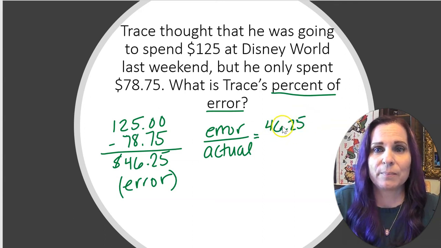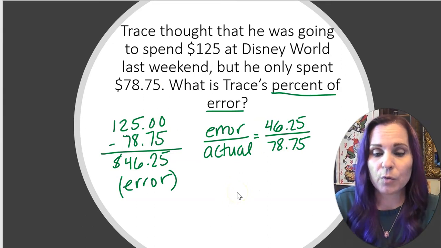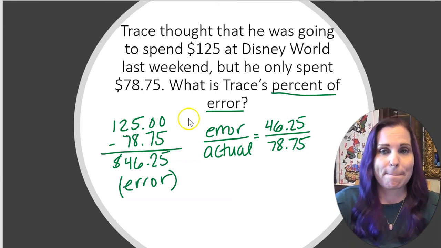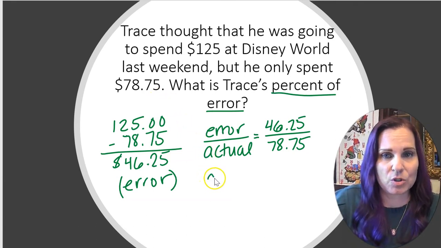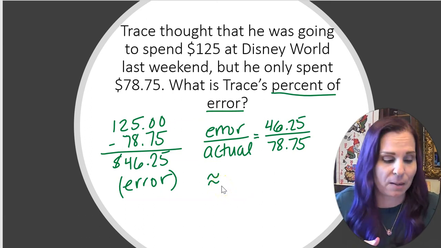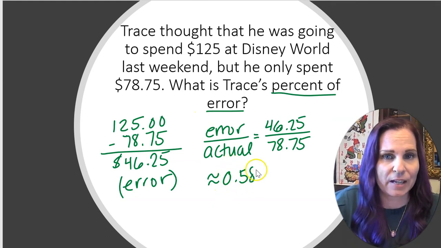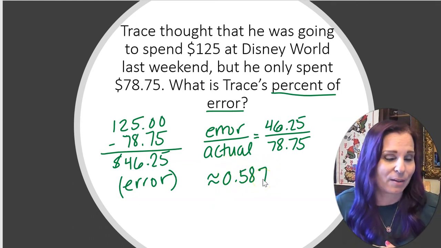So error over actual would mean that we're doing 46.25 over the actual amount spent, which was 78.75. So we're going to divide 46.25 divided by 78.75. That is, and I'm going to use a squiggly equal sign here because that means approximately, means I'm rounding, I would get 0.587, let's say.